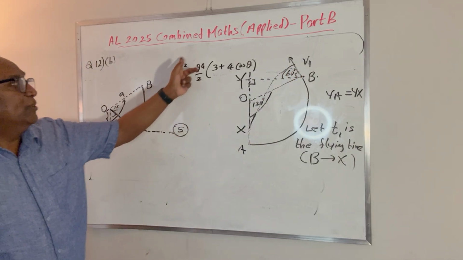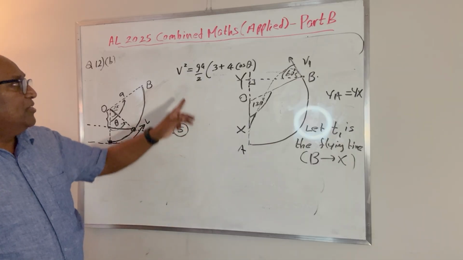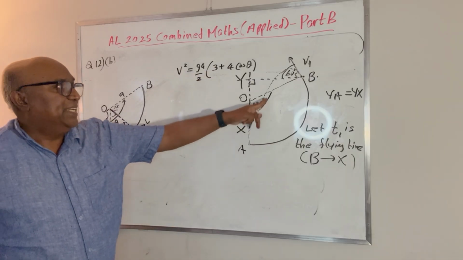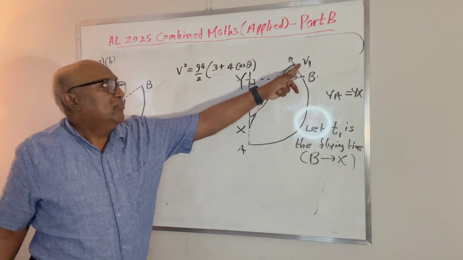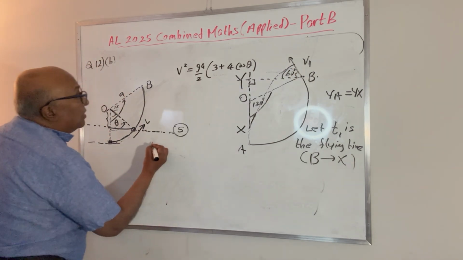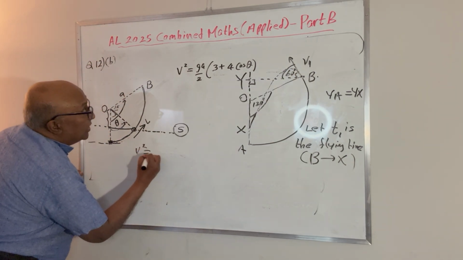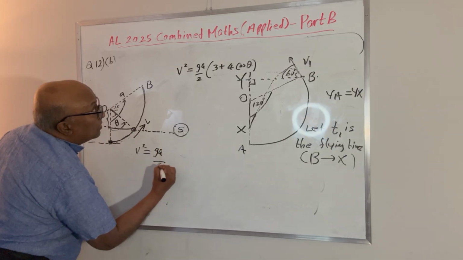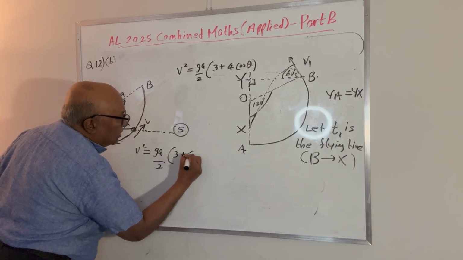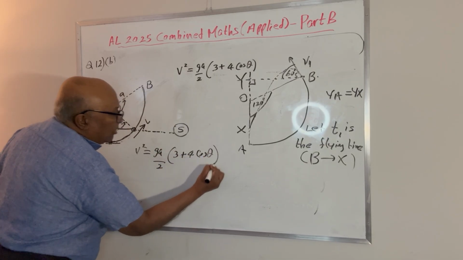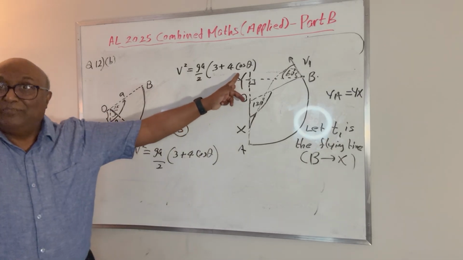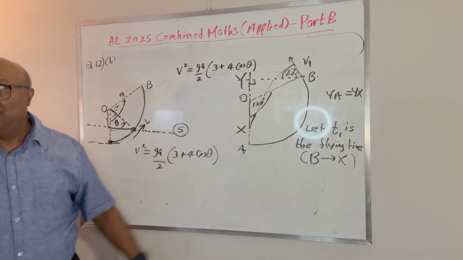We can use this formula. When we substitute theta equal 120, you get the value of V1. This is not actually a formula, it is a result we obtained from the previous part.